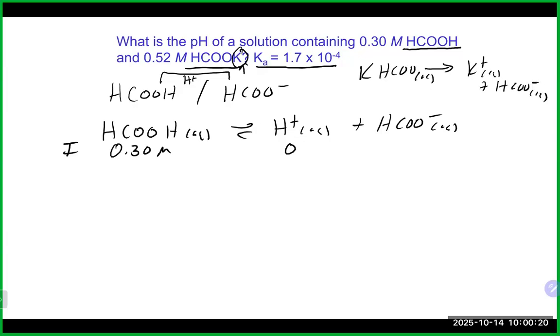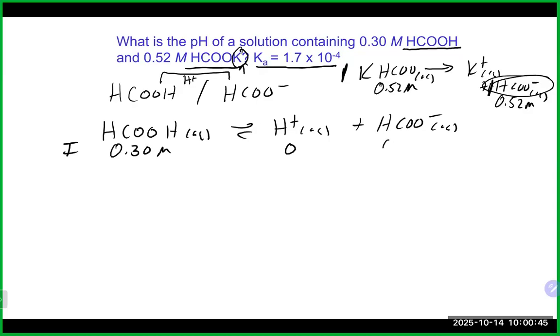That is not going to set up an equilibrium because it's an ionic compound, a strong electrolyte. But we do know the concentration of the whole thing is 0.52 molar, and it's a 1-to-1 relationship between the whole thing and formate. That would mean the concentration here is also 0.52 for our common ion. So this would obviously be our common ion here.